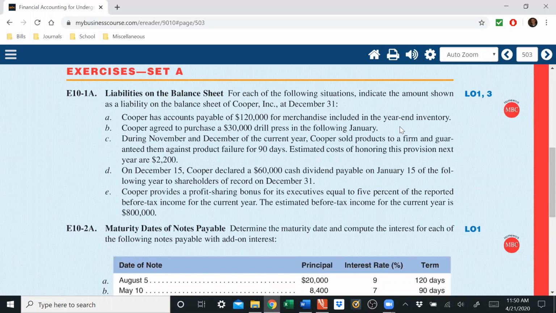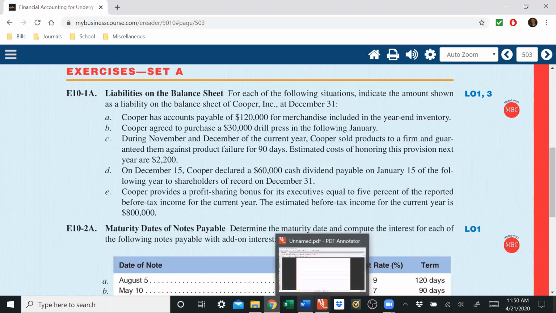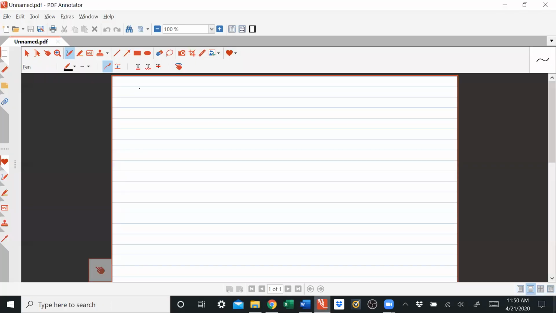So for part A, what amount should be shown as a liability? It's just accounts payable, $120,000. It's a current liability. I'm going to put CL for current liability.